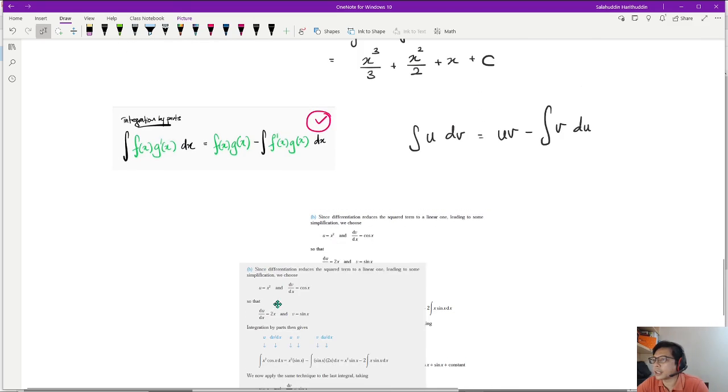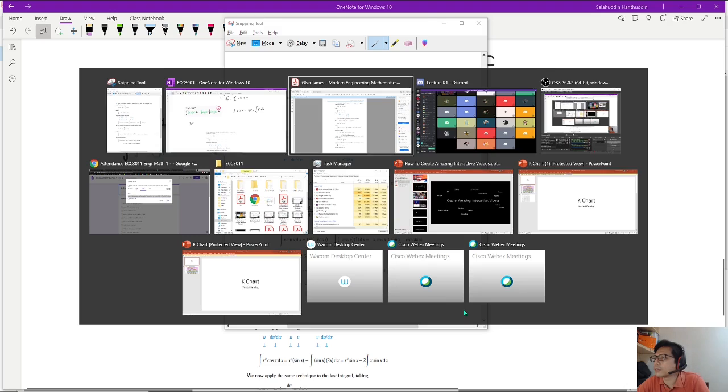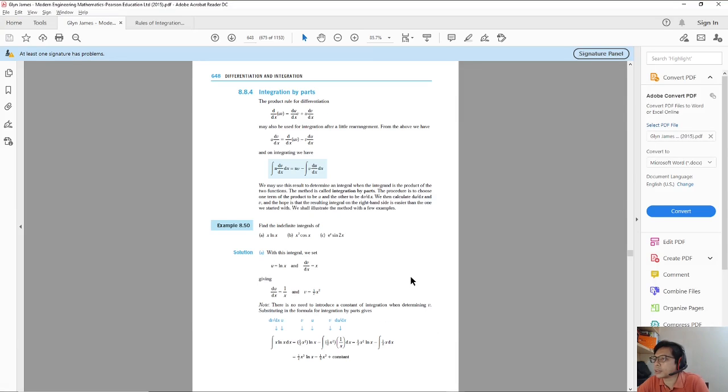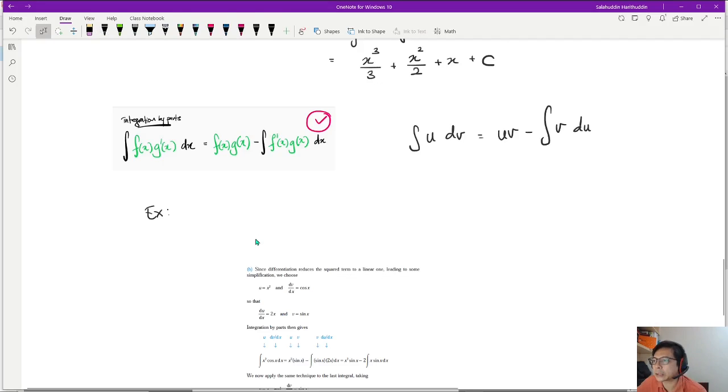So this is an example: x squared cosine x. So you need to find the integral of x squared cosine x dx.